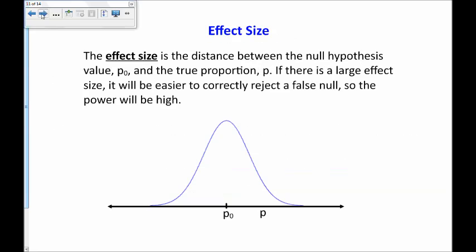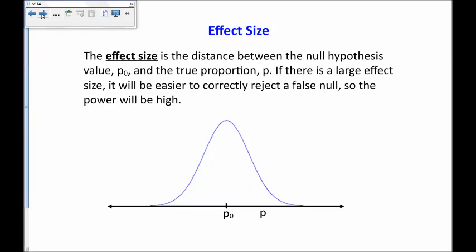Okay, before we get into talking about how power, beta, and alpha are related, I want to bring up one more idea, which is the idea of the effect size. The effect size is the distance or the difference between the null hypothesized value, p naught, and the true proportion.